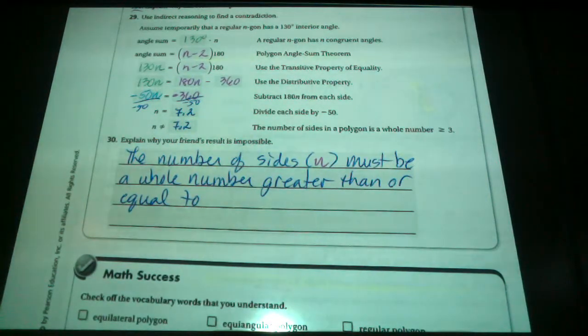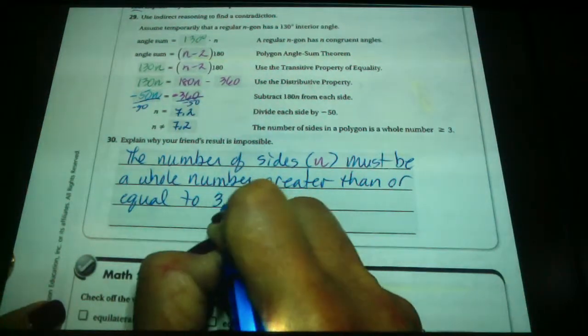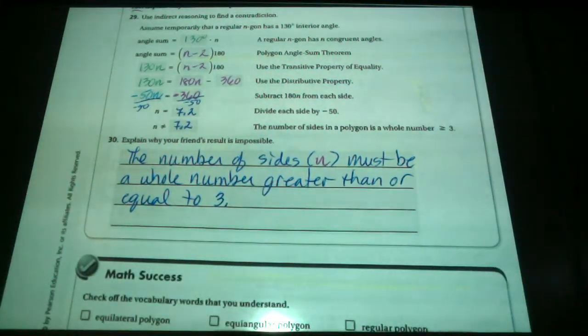What's the smallest number of sides you can have on a polygon? 3. So it has to be greater than or equal to 3. And although 7.2 is greater than or equal to 3, it is not a whole number. Whole numbers are 0, 1, 2, 3, 4, and so forth. So it's not a whole number greater than or equal to 3.